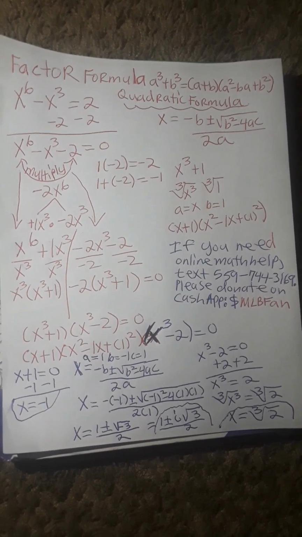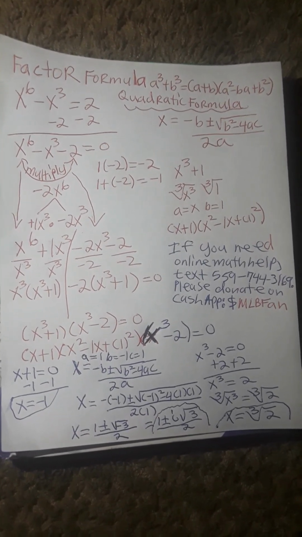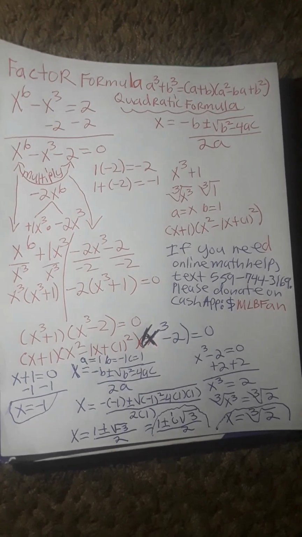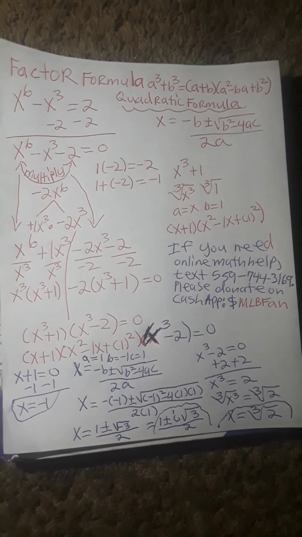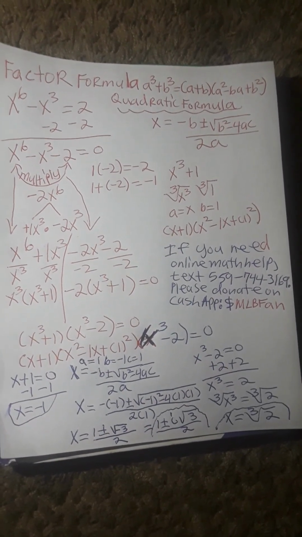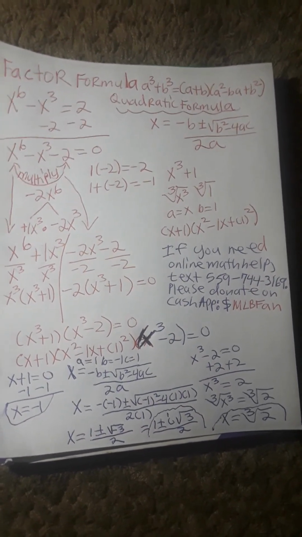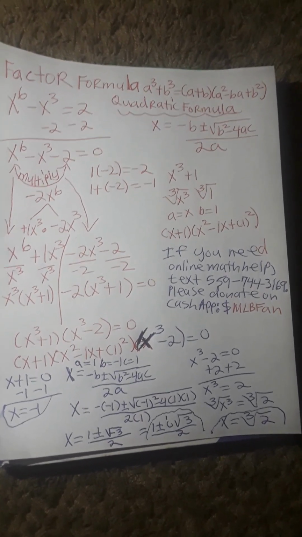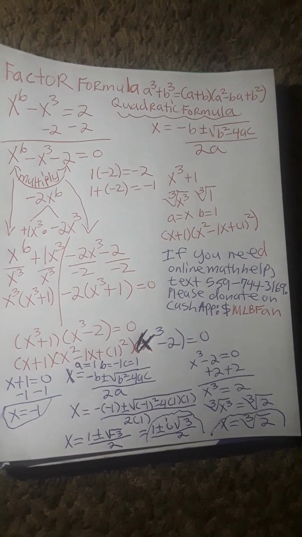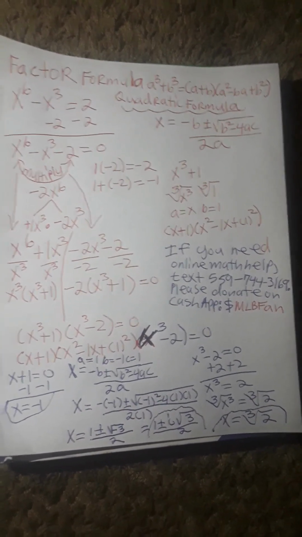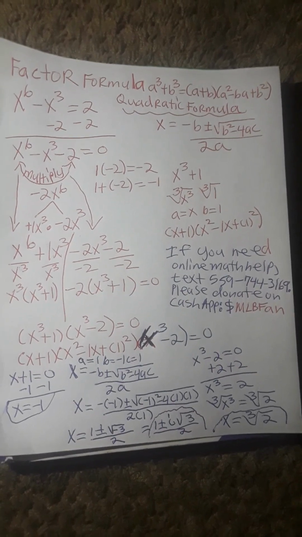So x is equal to negative 1, which represents the minus sign up front there, times negative 1, or we could say negative of a negative 1 plus or minus the square root of negative 1 squared minus 4 times 1 times 1, all divided by 2 times 1.